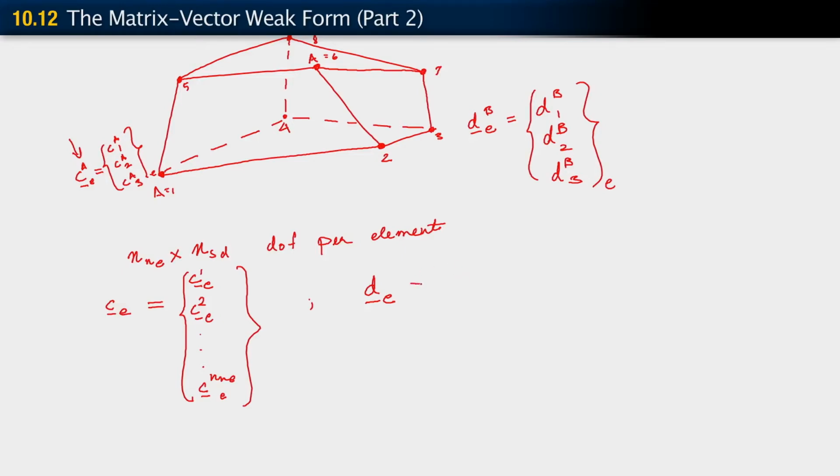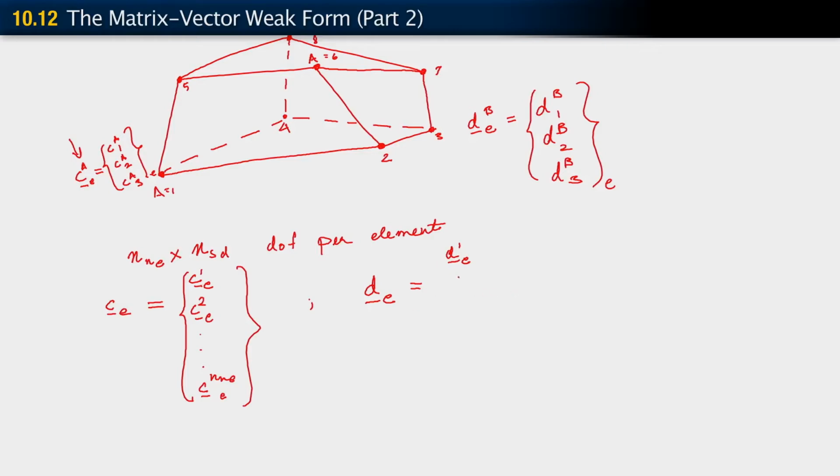Okay, so it is a collection of 3-vectors: D_1E. At that node 1, we have D_1 in the 1 direction, D_1 in the 2 direction, D_1 in the 3 direction. Those are the 3 degrees of freedom at that node.